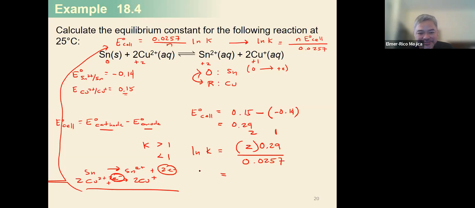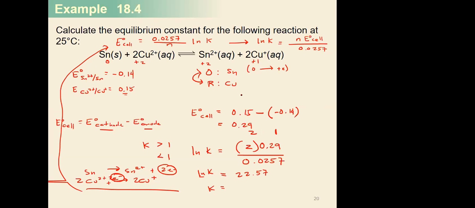So what is ln of K here so far? We do it step by step. So ln of K is equal to, Sumitra answers, 22.57. So how do we remove ln to get the K? It's e raised to that number.